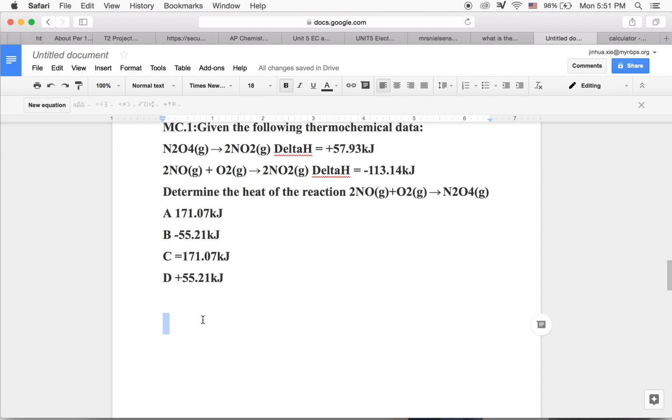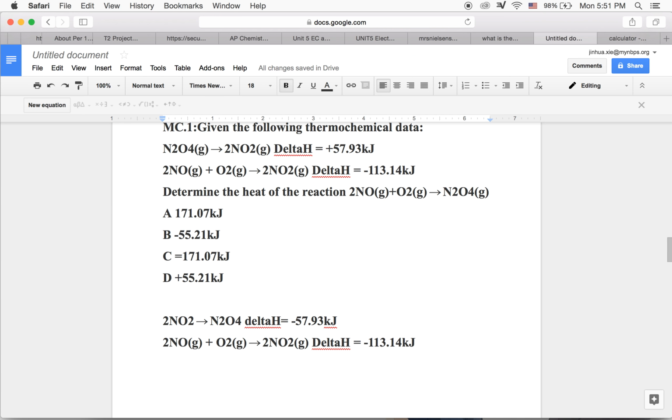We switch this side. So we have 2NO2 equals 2N2O4, and delta H has to be negative 57.93 kilojoules. And we already have 2NO plus O2 can be transformed to 2NO2, which delta H is negative 113.14.